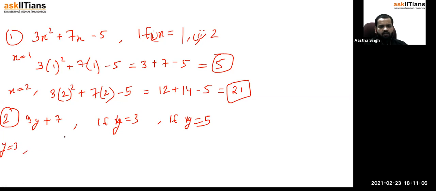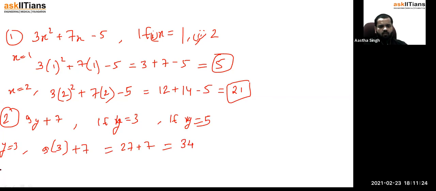Just put the value 3 into the expression, then 9 into y, that is 3, plus 7. Then it becomes 27 plus 7. Ultimately, it becomes 34.